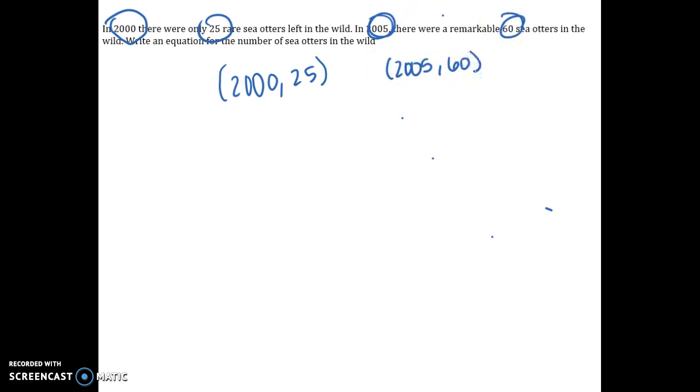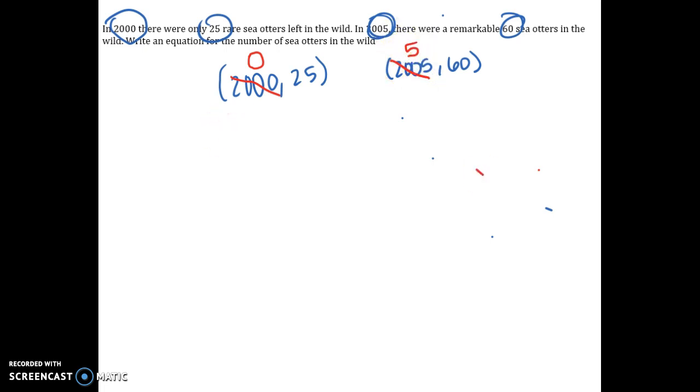Now, thinking logically for a minute, it doesn't really make sense that we started in 2000 because I'm willing to bet there were at one point more than 25 sea otters in the wild. So I'm going to make my equation based on the year 2000. So this is the first year, and then this would be 5 years later. A lot of times it'll tell you to do this in the directions.